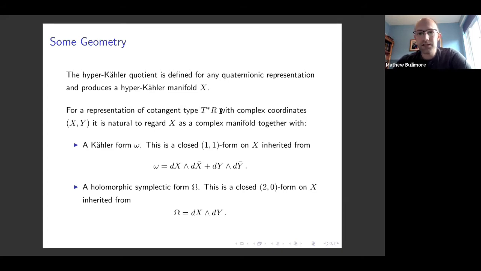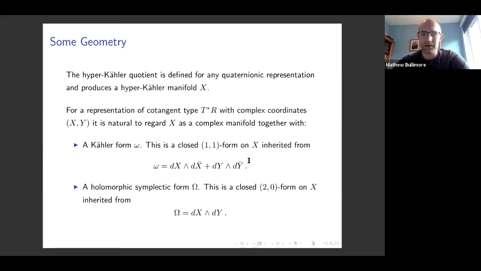So indeed, if the representation is of cotangent type, and I imagine that I have complex coordinates x and y, it's more natural to regard X as a complex manifold together with 2 additional structures. The first is a Kähler form, which is a closed 1-1 form, and it's inherited, the image under the quotient of the natural Kähler form that I had on the cotangent bundle of the representation.